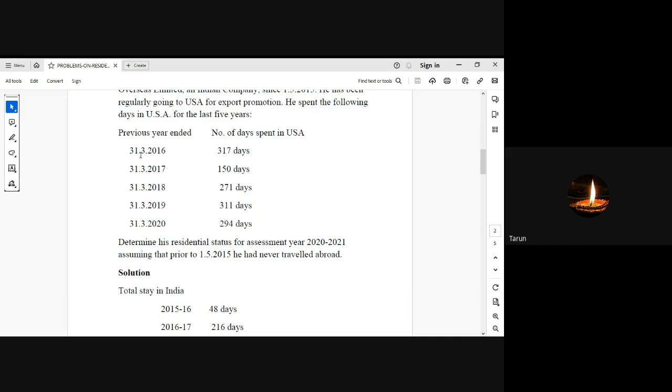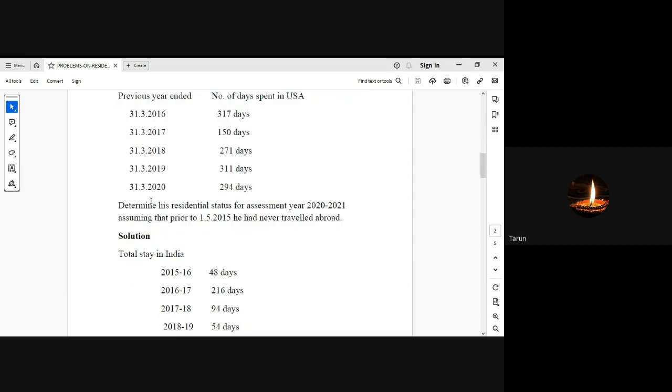So the ending period is 31st March 2016. What would be the beginning of the financial year? It's 1st April 2015. So that means 2015-16. Then 2016-17, because the ending is 2017, so the beginning year is 2016.